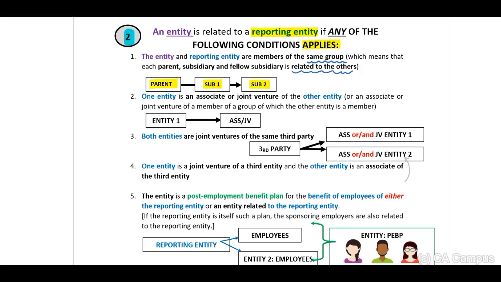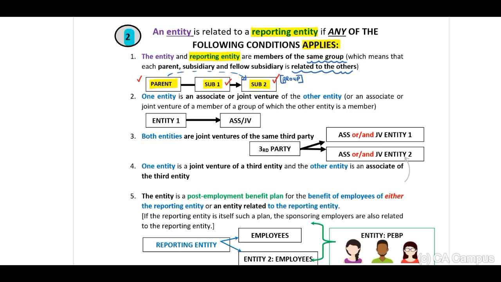Due to the fact that subsidiary 1 owns subsidiary 2, remember, we will recognize subsidiary 2 into our group, and our parent will indirectly own subsidiary 2 as well. Now they indicate to us the entity and the reporting entity.